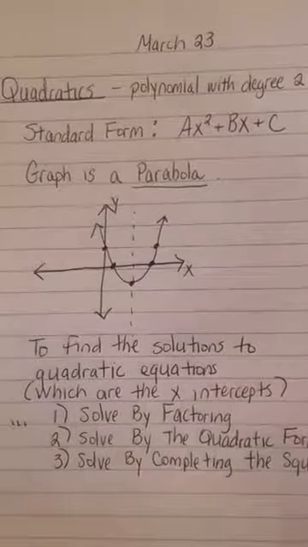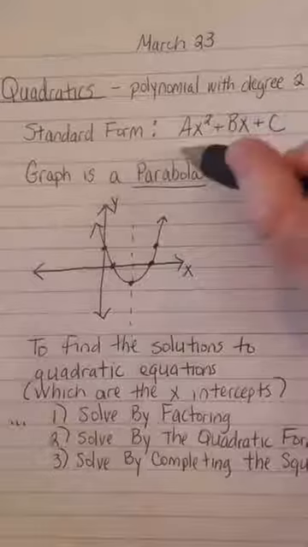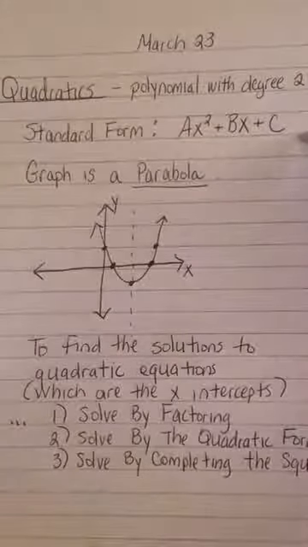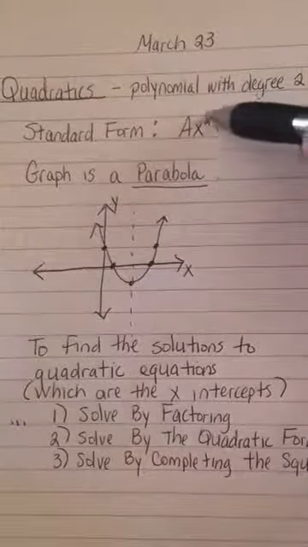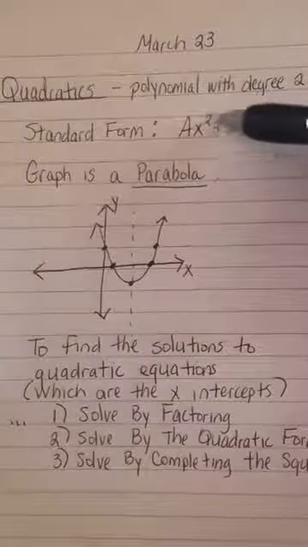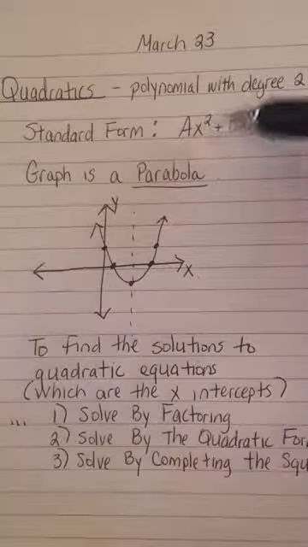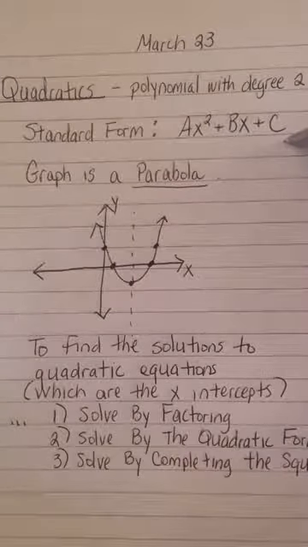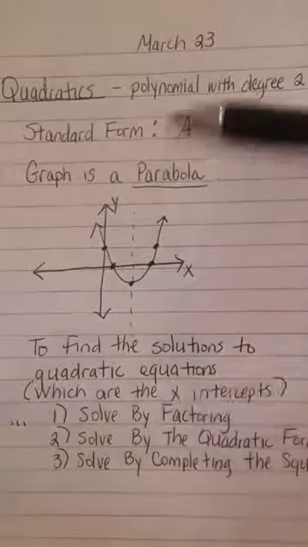First of all, a quadratic expression is something like this. This is the standard form for quadratic expressions, and they have a degree of 2. We already learned that the highest exponent that you see on any variable is 2, and that makes it a quadratic expression. Like I said, you don't really need to copy this.